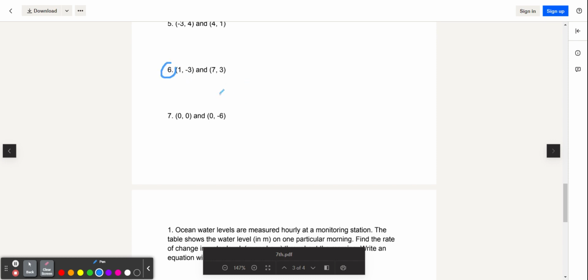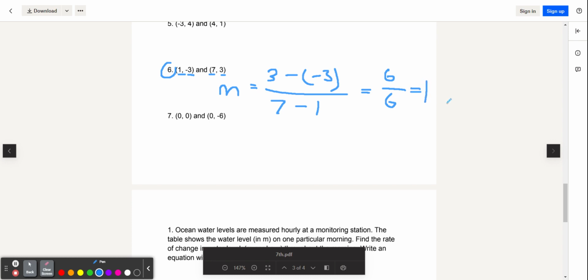I'll do number 6 and leave the rest to you. 3 minus -3 over 7 minus 1, the y values and the x values. Then this turns into 6, and what would you know, this turns into 6 as well, giving us 1 once again.